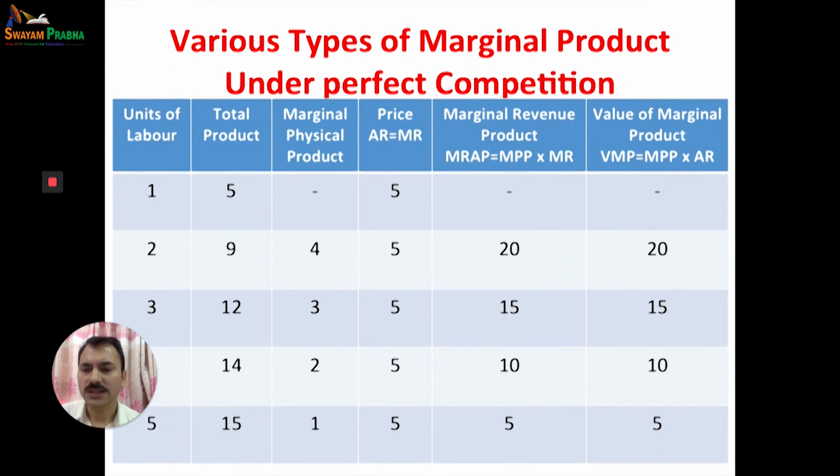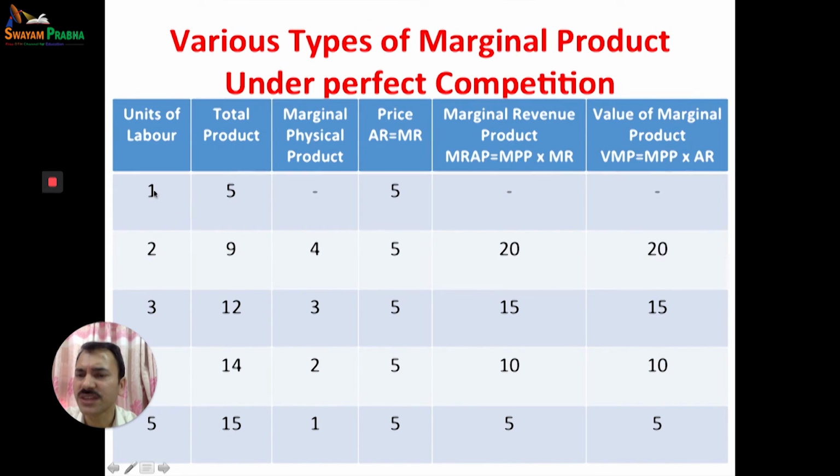Now let us explain this with the help of this table. The first column of this table is the units of labor. We are using labor 1, 2, 3, 4, 5. The total product, say, is 5, 9, 12, 14 and 15. Marginal physical product is the additional output.